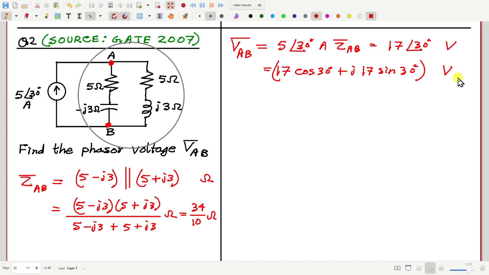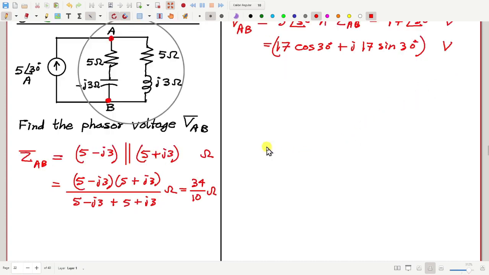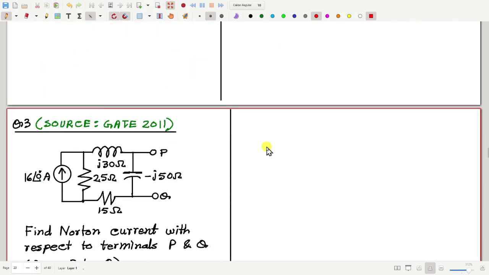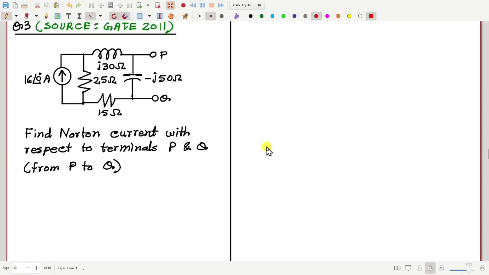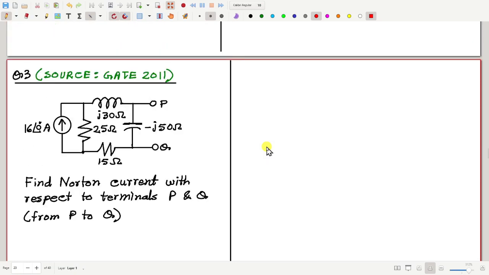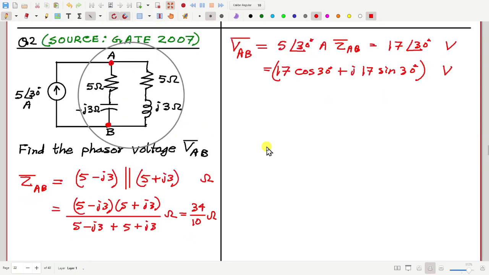Any question here? No, sir. Okay, so let us see what is the next question. Sir, here I have one doubt. In that previous one we got the impedance, but do we also have to get the angle for ZAB?